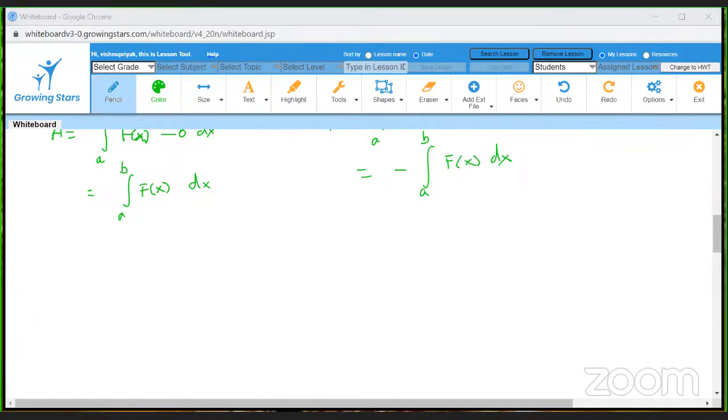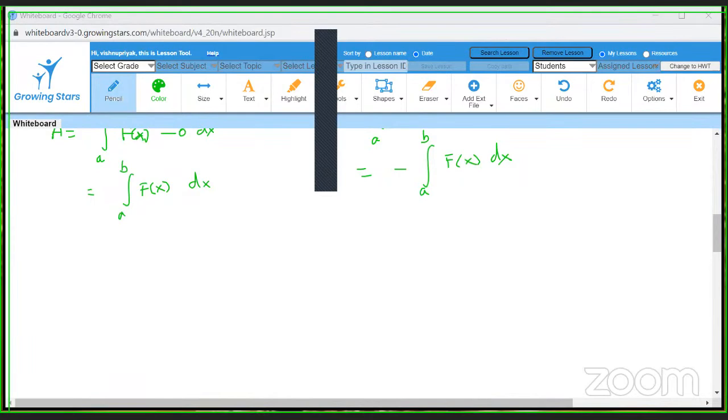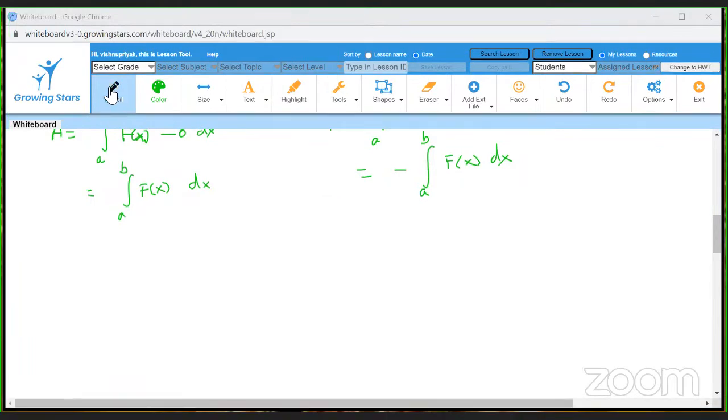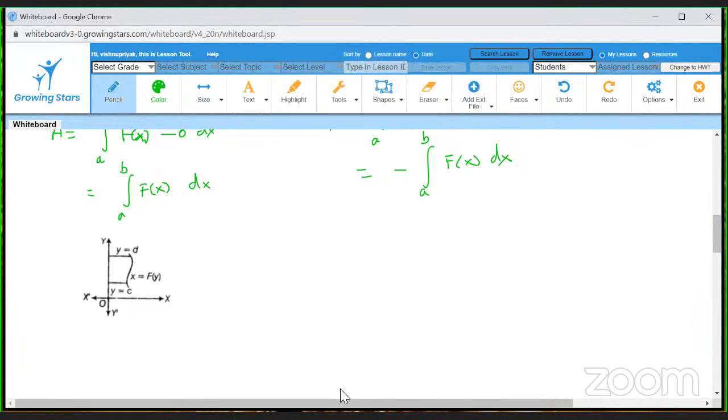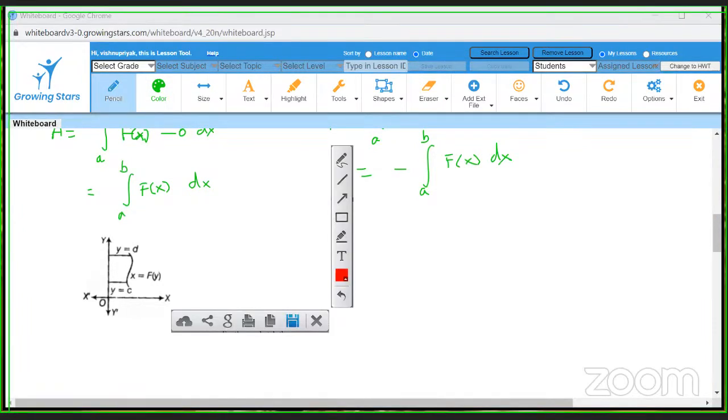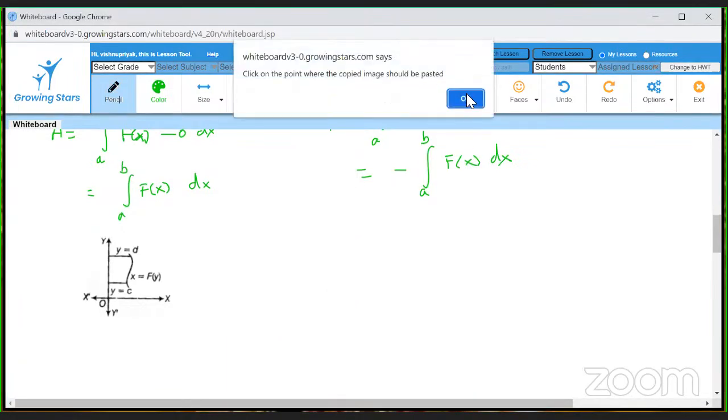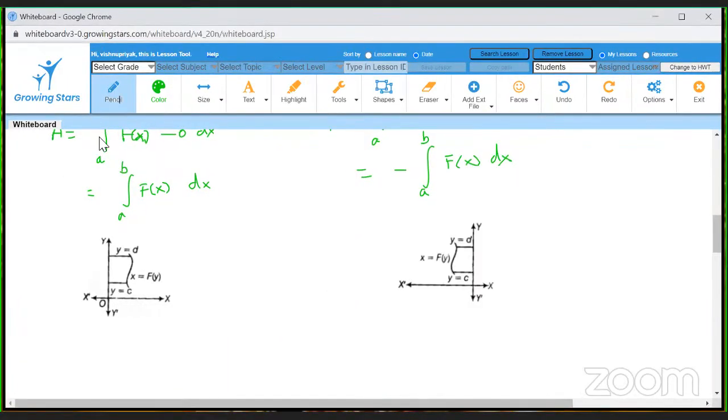But suppose I will give 2 more cases. Here, one type of graph. Here, another type of graph.